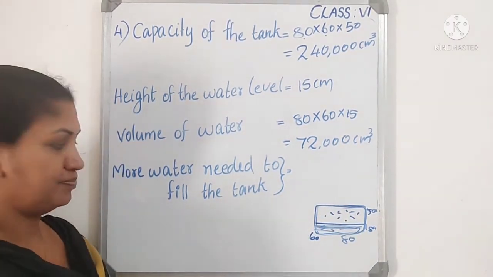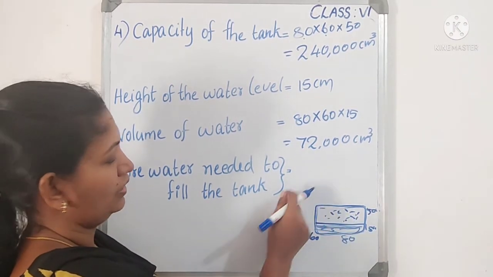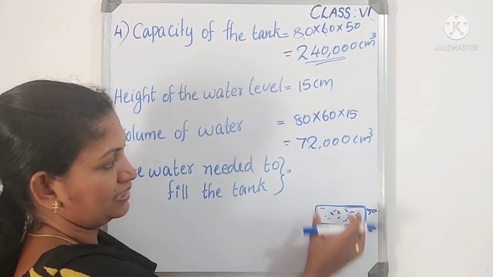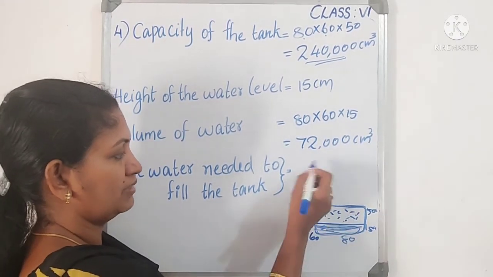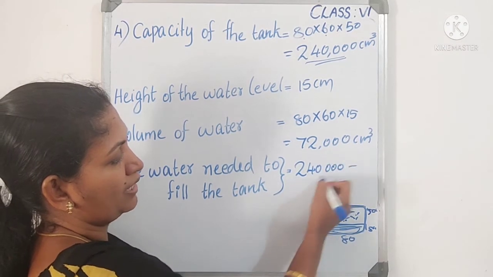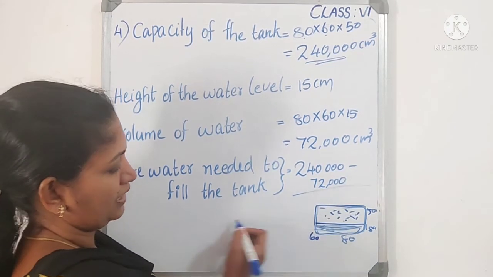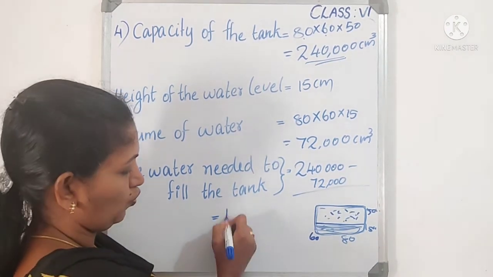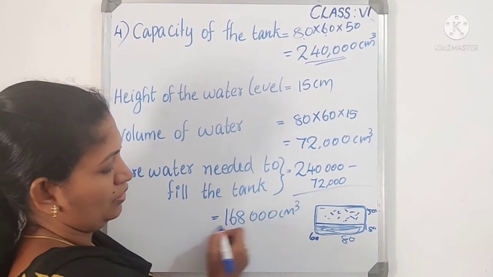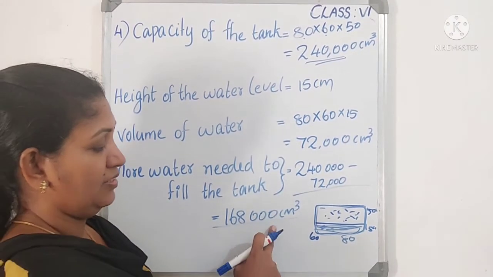Next, how much more water is needed to fill the tank. We subtract the capacity of the water portion from the total capacity of the tank. That is 2,40,000 minus 72,000. Then we will get 1,68,000 centimeter cube.